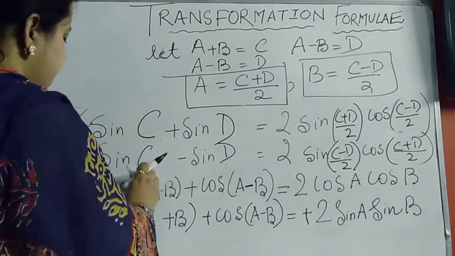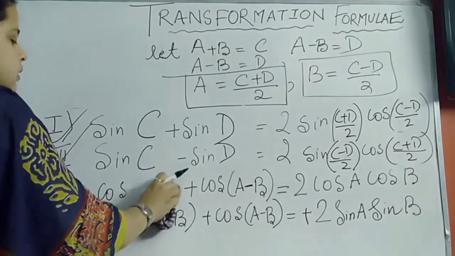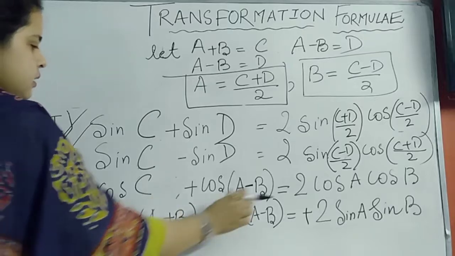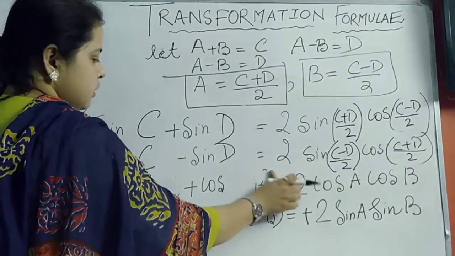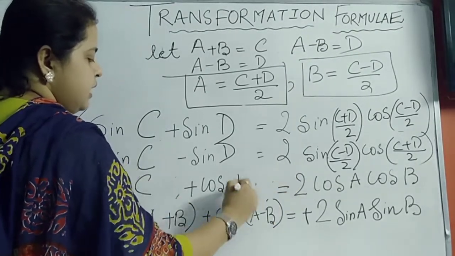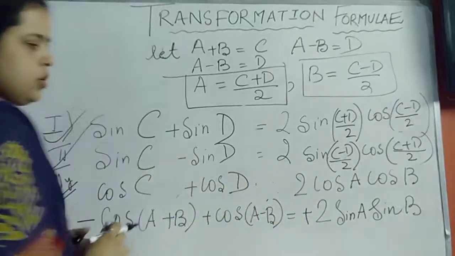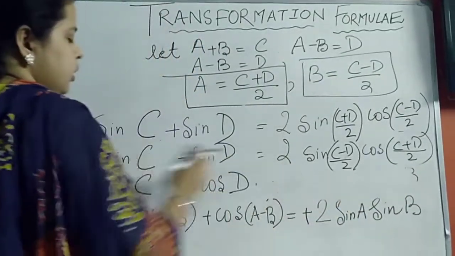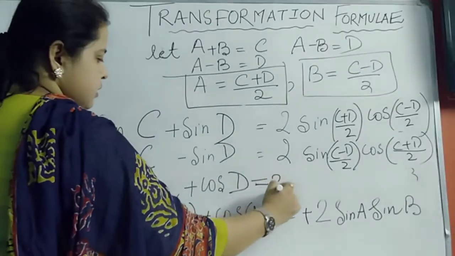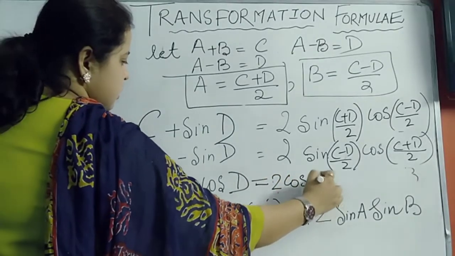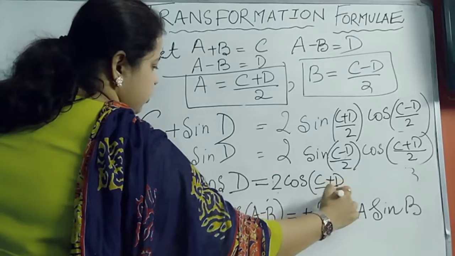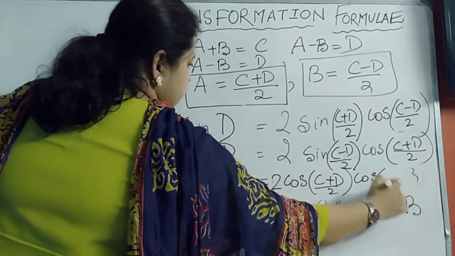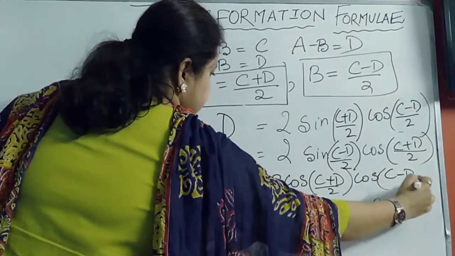Okay. Now the third one, again cos C plus cos D. Then this 2 cos A cos B will be written as 2 cos C plus D by 2 cos C minus D by 2. I hope all of you are getting this transformation.